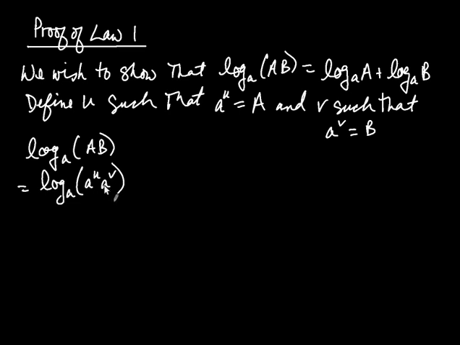Because these have the same base, we can add the exponents, and we get log base a of a raised to the u plus v. Okay, now we're taking the log base a of an exponential function with the same base, a, and by the cancellation property, these bases cancel and you just get u plus v. So from here to here was the cancellation property.